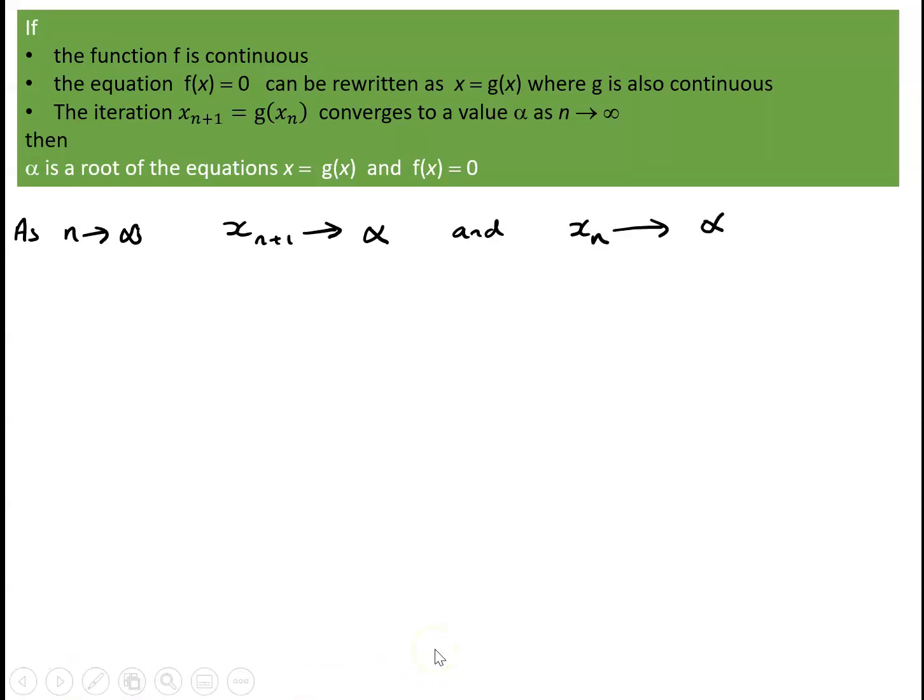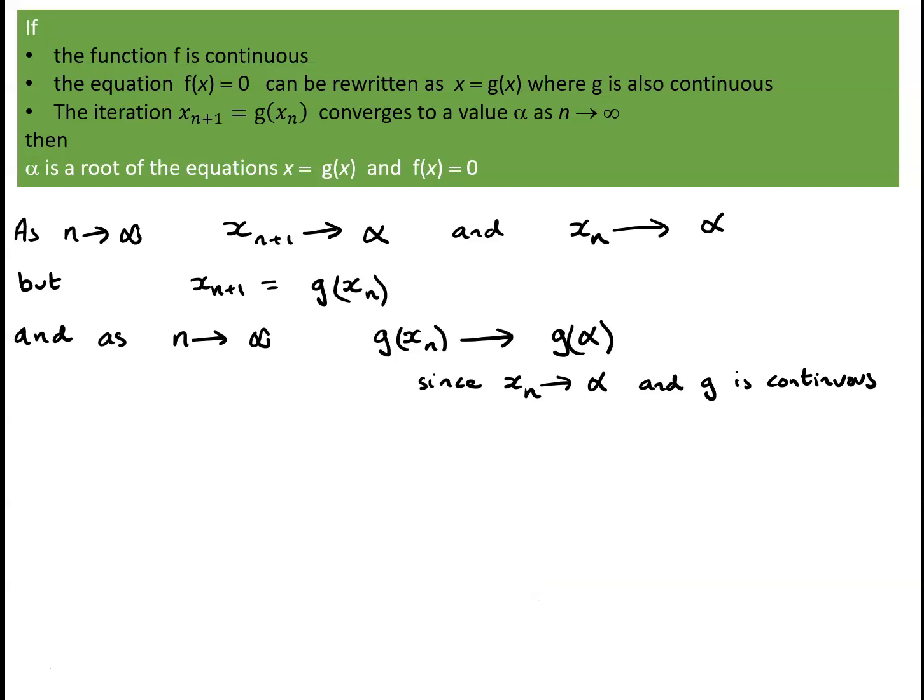Now, as n tends to infinity, we know that xn plus 1 tends to alpha, and xn also tends to alpha. But the fact that xn plus 1 is equal to g of xn means that as n tends to infinity, g of xn tends to g of alpha, because g is a continuous function.